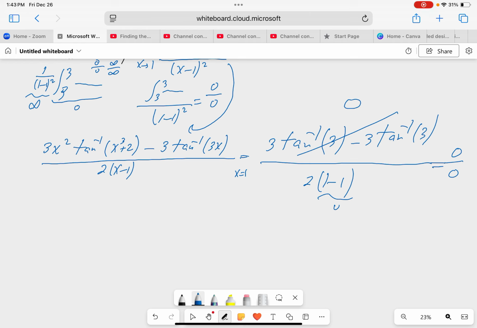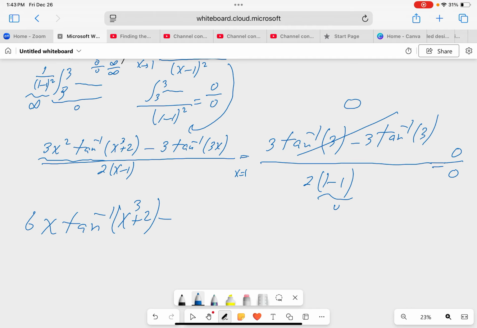So I'm going to use the product rule for this one here. So it's going to be 6x times inverse tangent of x cubic plus 2.